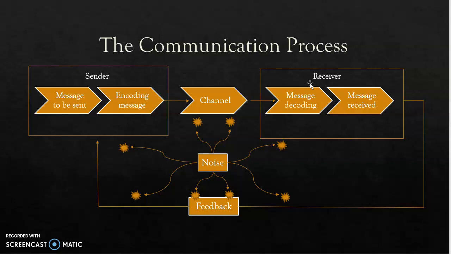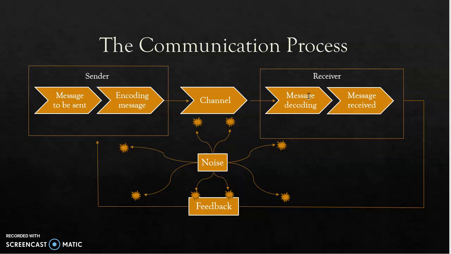Now, across all of this process, there can be external factors that make it harder to communicate. That's noise. That can be things like the receiver having a lot on their mind that they need to get to.